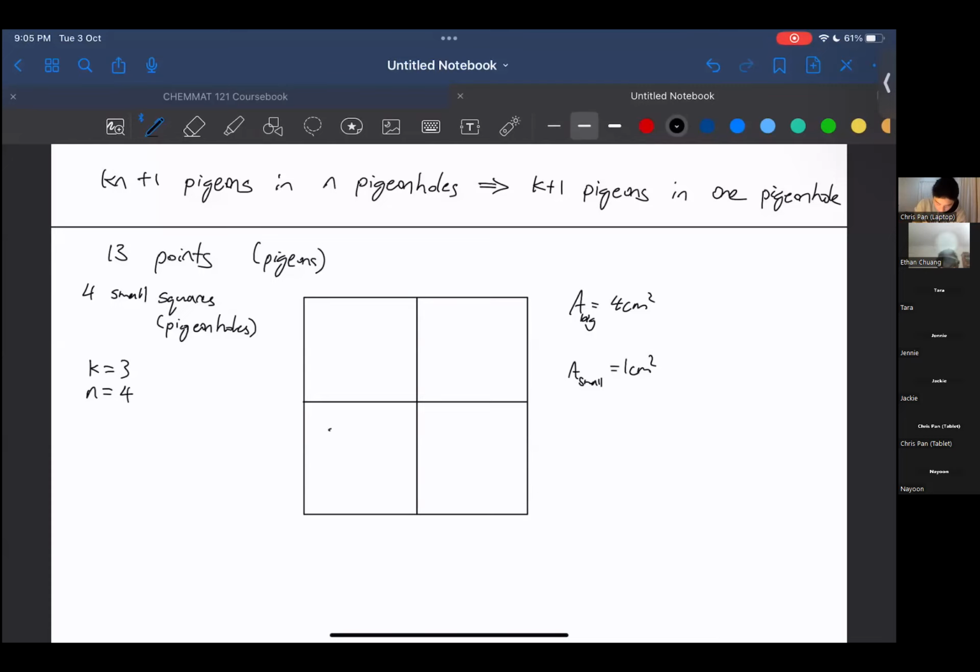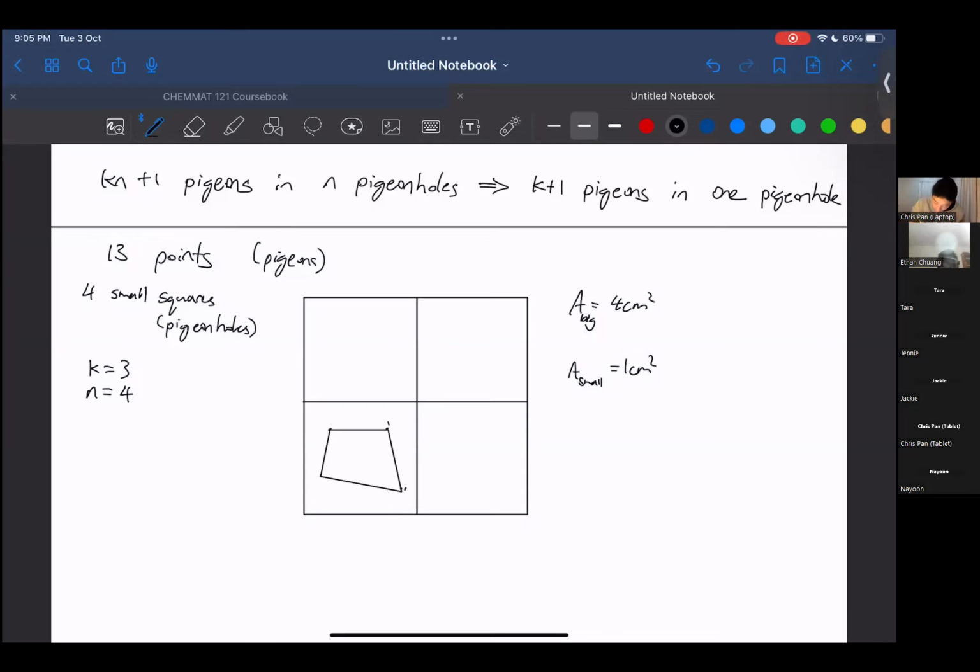So we have 4 points somewhere around here, and we look at the area bounded by this quadrilateral. Since this quadrilateral is entirely contained within the square, its area must be less than or equal to the area of the square. But the area of the square, like I said, was 1 centimeter squared.